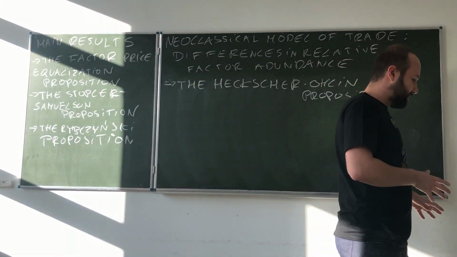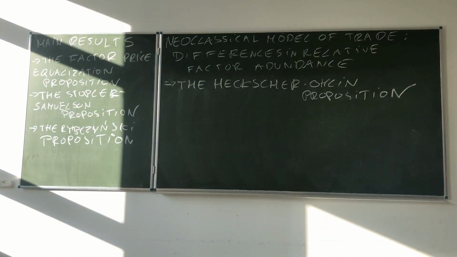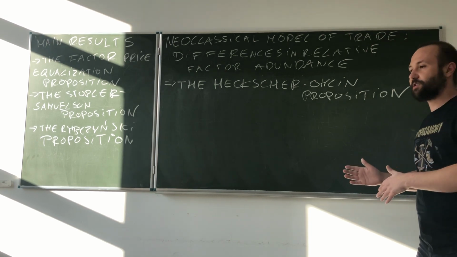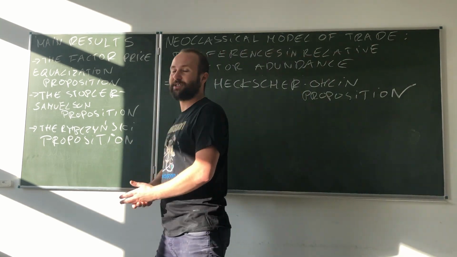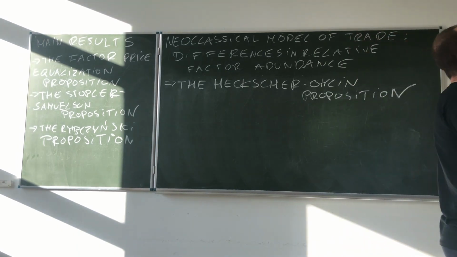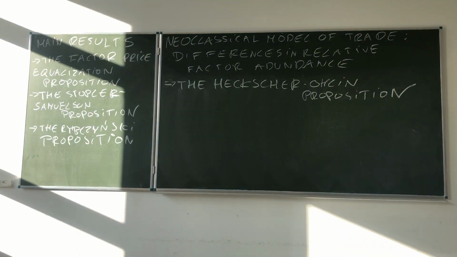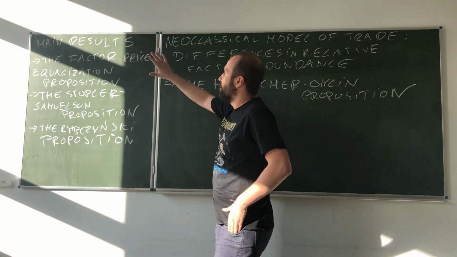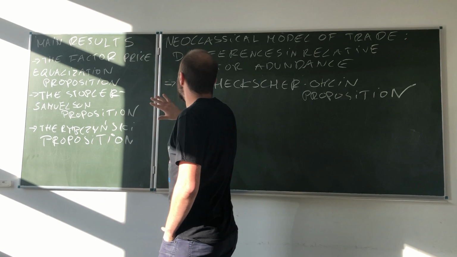So, if a country has capital and labor, but relatively more capital, it should export capital-intensive goods. If the other country is relatively labor-abundant, this country will be exporting labor-intensive goods.